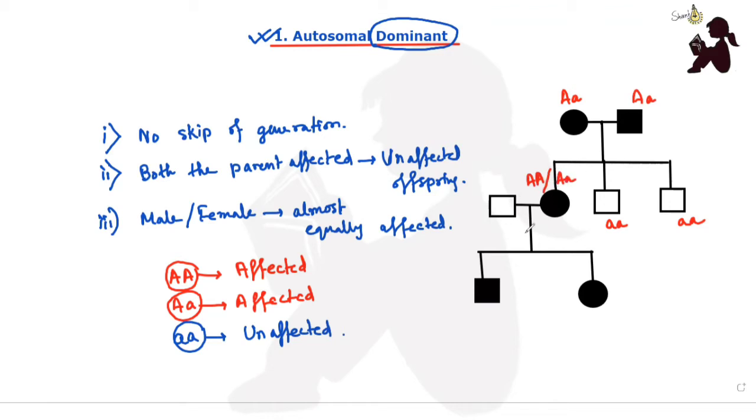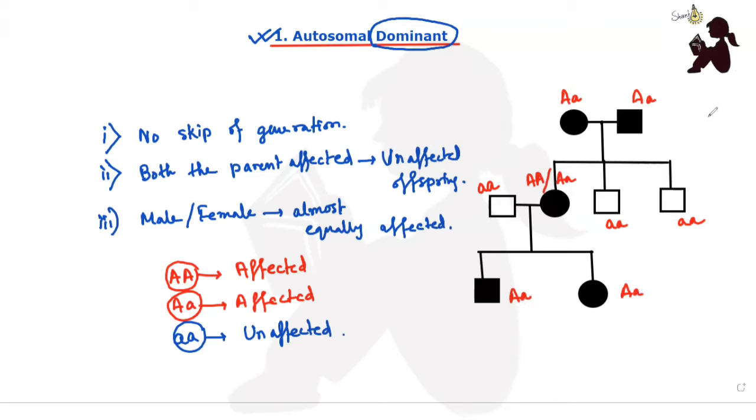Then she is married to a male with the normal small a genotype, which results in capital A small a and capital A small a diseased offspring.